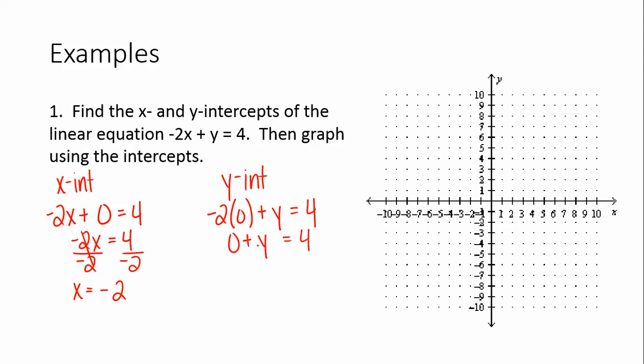If you add 0 to anything, you just get that. So 0 plus y is y. We end up with y equals 4. So now we have the x-intercept at negative 2, and I'll graph that on the x-axis. And we have a y-intercept of positive 4. So graphing using the intercepts, once they're plotted, you simply connect the dots.